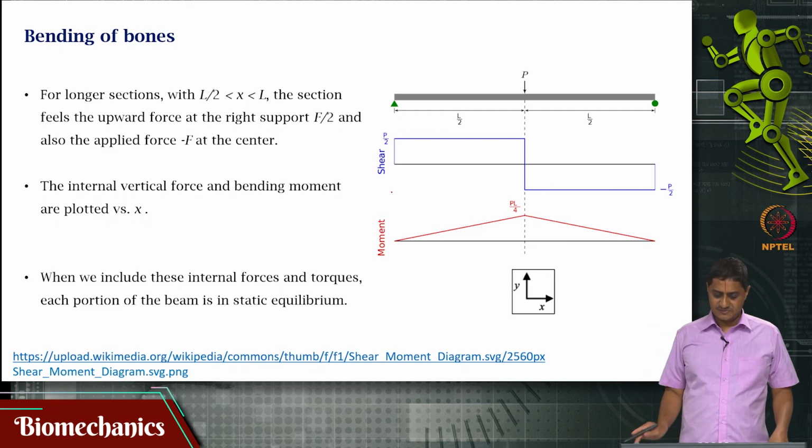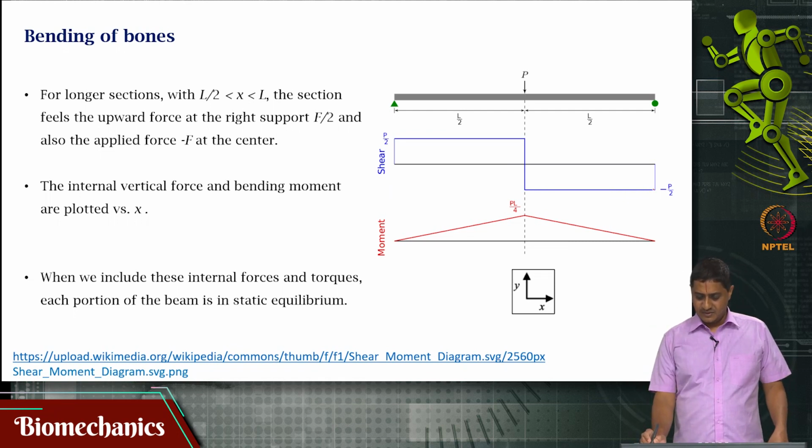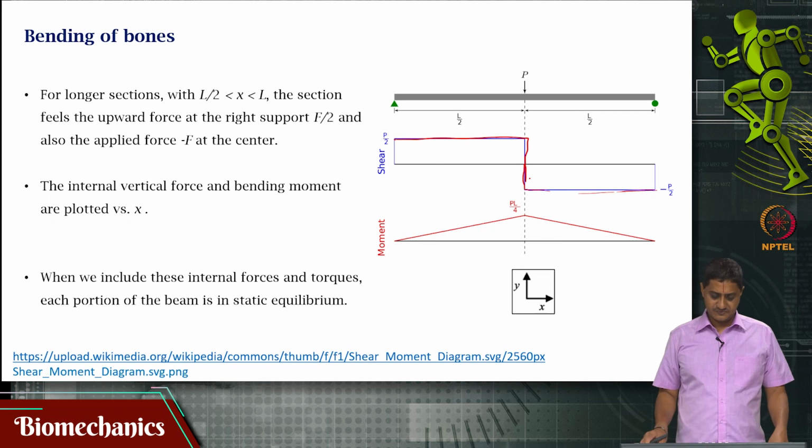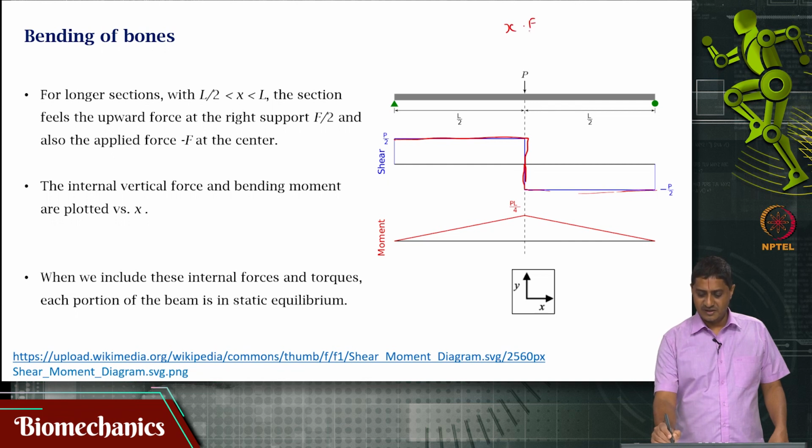That is this diagram. If P is the applied force, then at this point I am going to have minus P by 2 load, and at this point I am going to have P by 2 load, right. And bending moment we have told is x times F by 2, and at the middle x is equal to L by 2.